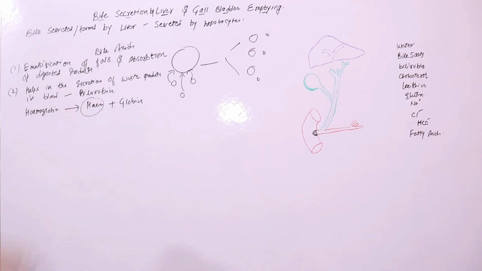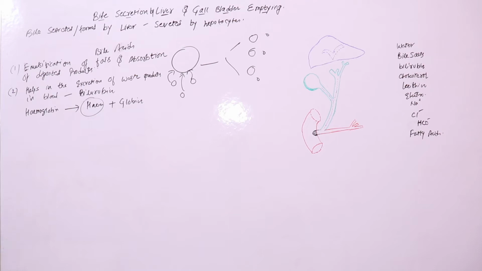So it helps in the excretion of waste products in blood, which is your bilirubin, and is formed from red blood cells when they reach their maturity, right? And it also helps in the excretion of excess cholesterol, right?